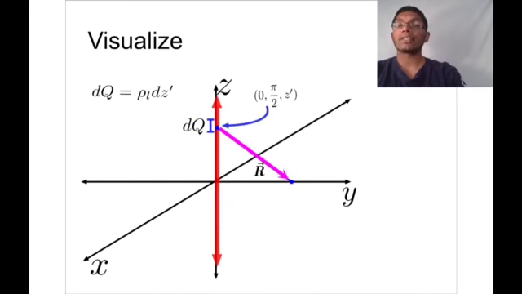Just to avoid any clutter, I've removed that point that I'd written down over here, the rho, pi over 2, 0, and I've drawn in my position vector, r. Here I have my differential electric field element.